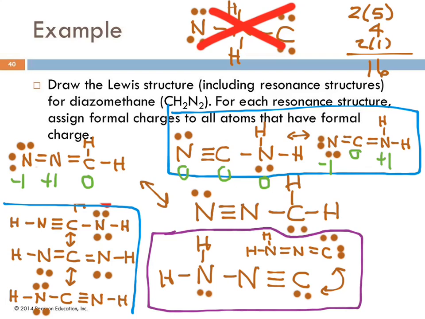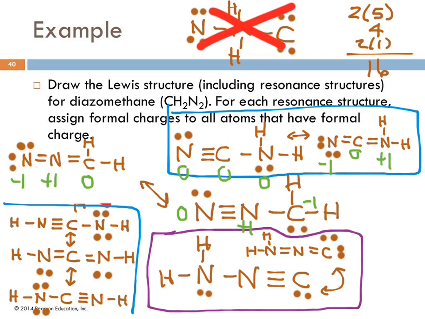Okay. Is anybody not quite seeing how I'm doing the formal charges? Because now's the time for a little more explanation. Okay. Formal charge on this nitrogen. What is it? 0. And on this nitrogen? +1. And on this carbon? -1.